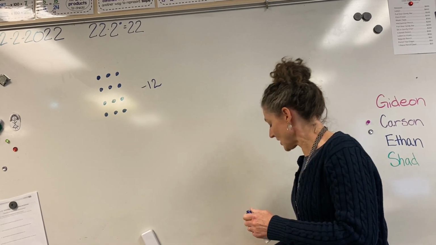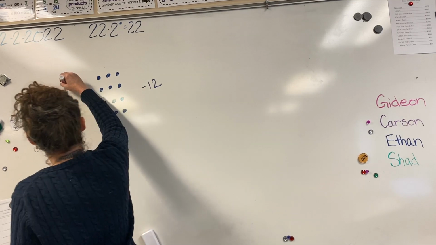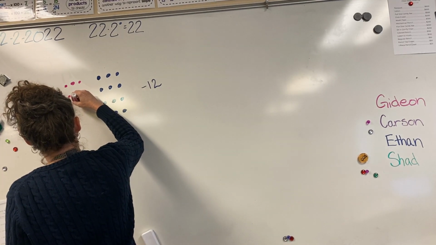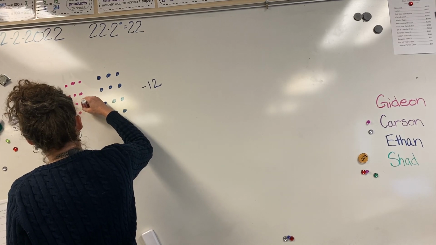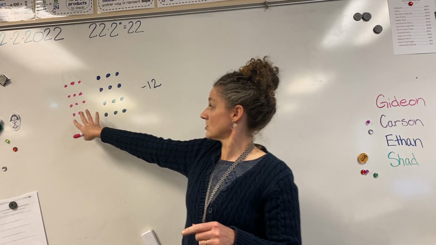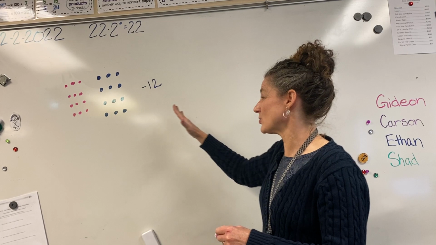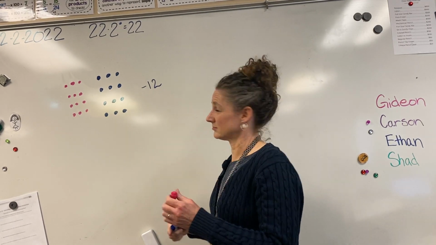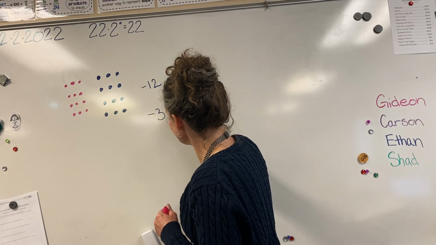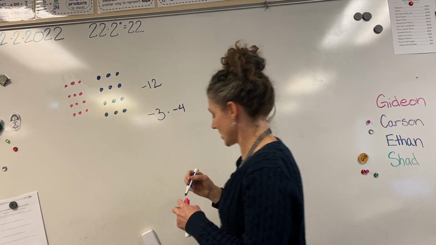Okay? Now, here's a question. Let's say I start with 0, because I have 12 positives and I have 12 negatives. What if I take away negative 3? So I have negative 3, and I'm taking it away 4 times. Do you guys see that?